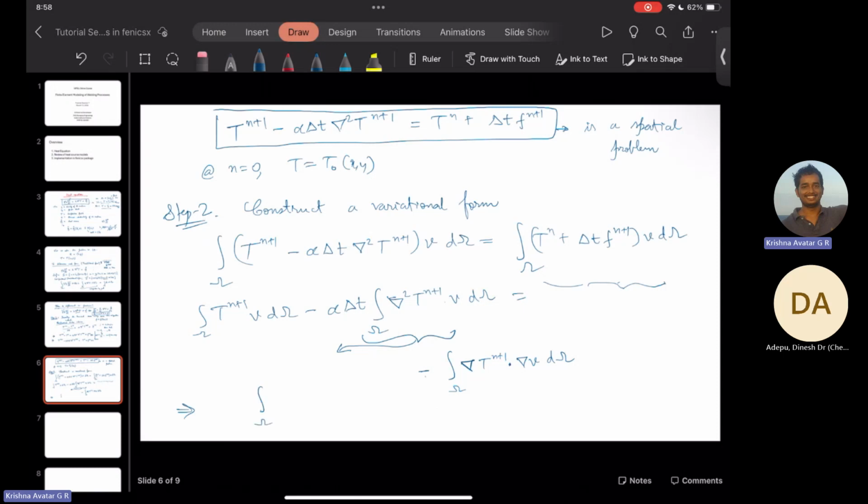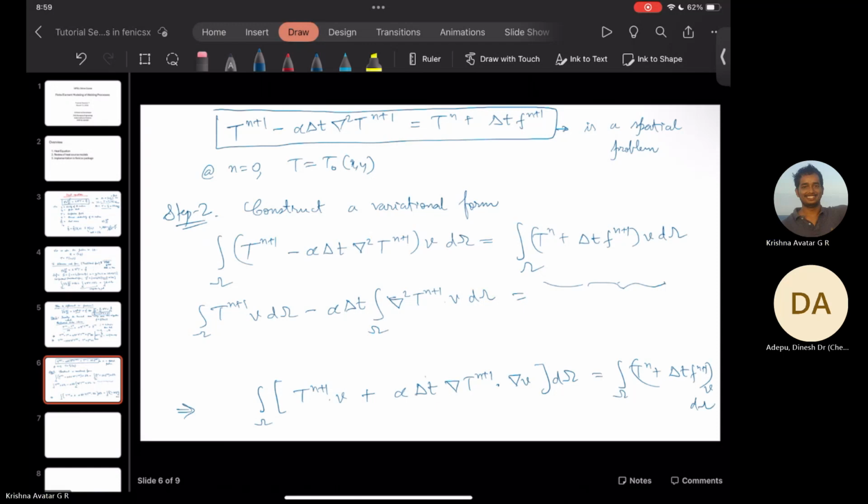We can write it as T^{n+1} into V plus alpha delta t grad of T^{n+1} dot grad of V d omega is equal to the integral of T^n plus delta t F^{n+1} into V d omega. So this is our weak form, essentially.